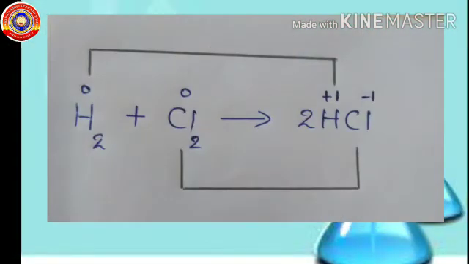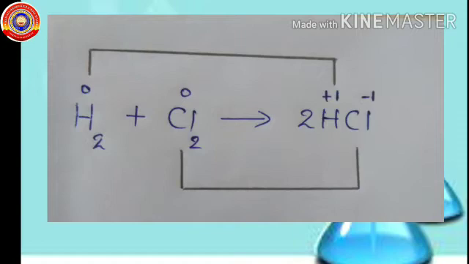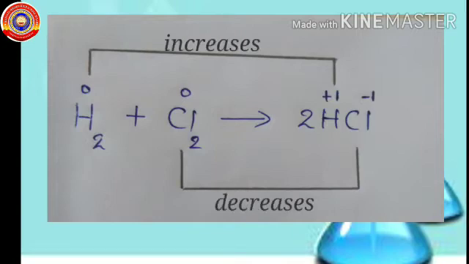Now let us rewrite the equation by including the oxidation numbers. In this reaction, does the oxidation number of hydrogen increase or decrease? What change takes place in the oxidation number of chlorine? From this equation, it is clear that the oxidation number of hydrogen increases, whereas the oxidation number of chlorine decreases.